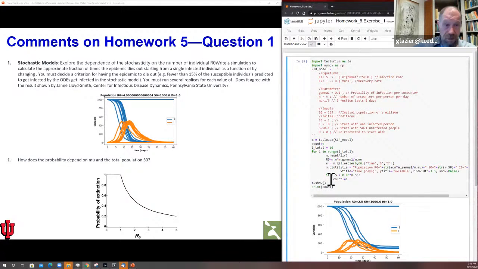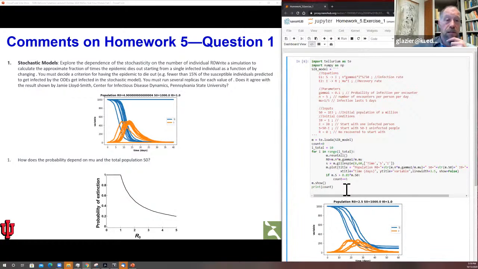So now I know for the particular value of replication, the particular number of iterations, and the particular value of R0 I have, this failed to infect that many times. All right, does that work for people?